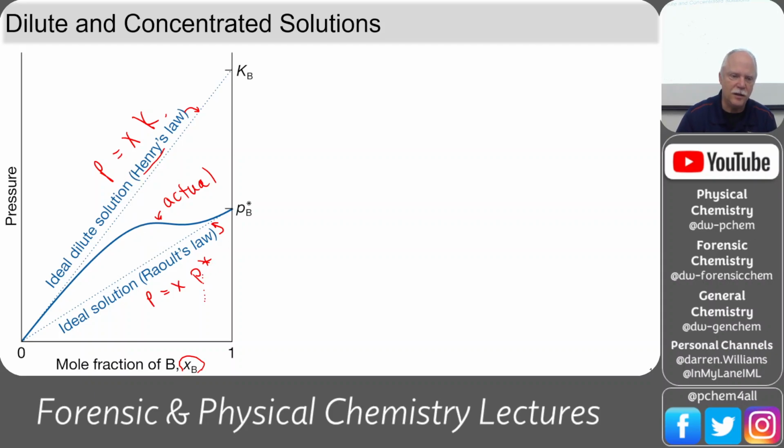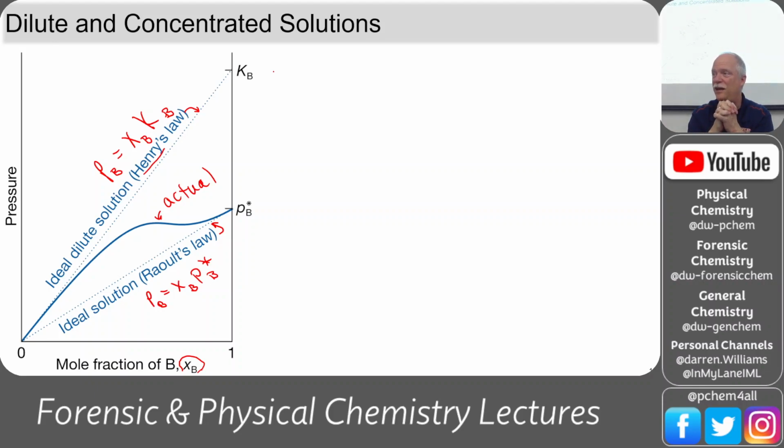All right, so the pressure of B is the mole fraction of B times the pure vapor pressure of B, or the vapor pressure of pure B. And for Henry's law, the pressure of B is the mole fraction of B times the Henry's law constant for B. Now this is the Henry's law constant for the mixture of A and B. So every binary mixture has its own Henry's law constant.